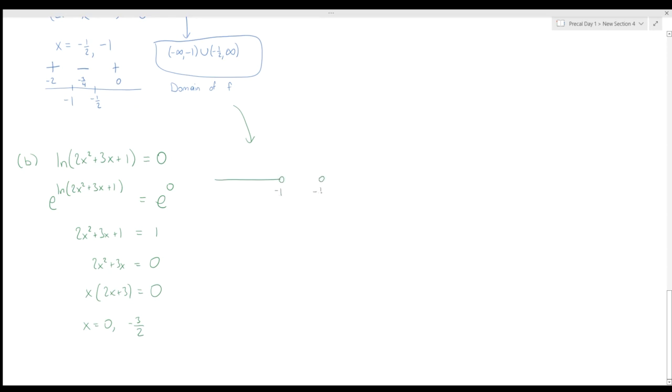And then there's a little gap in the domain, and then it's minus 1/2 to infinity. So x equals negative 3/2. That's to the left of negative 1. But notice that x equals 0, one of the values that we solved for, is actually outside of the domain.